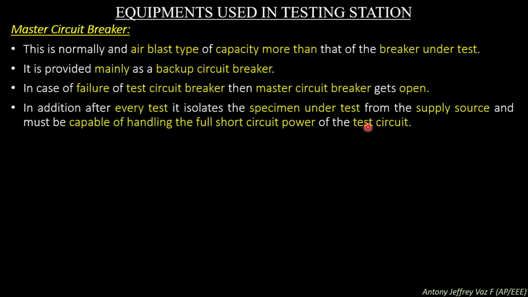So, the master circuit breaker can isolate the complete short circuit current, and after every test the specimen affected by the short circuit current can be observed and taken under test.